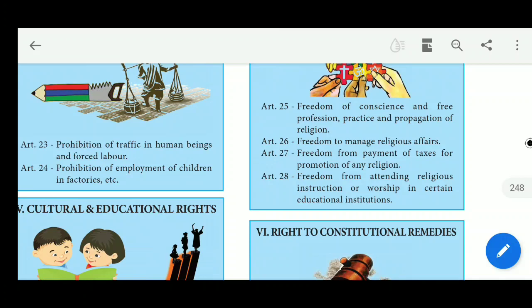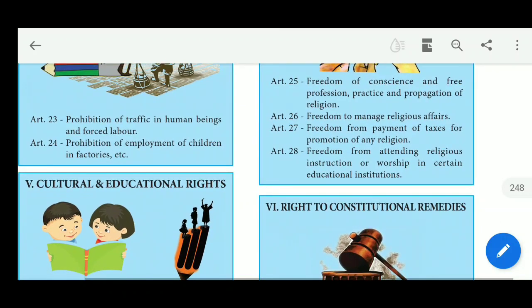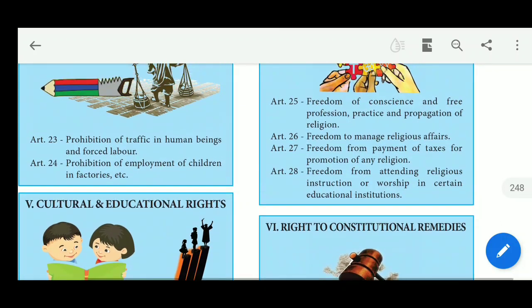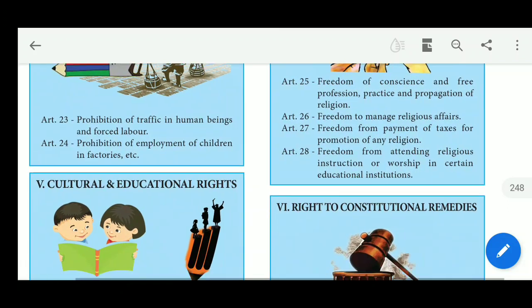Page number 172. Fifth one. Cultural and educational rights. Article 29. Protection of language, script and culture of minorities. Explanation. Article 29 provides protection of the interests of minorities. A minority community can effectively conserve its language, script or culture by and through an educational institution.